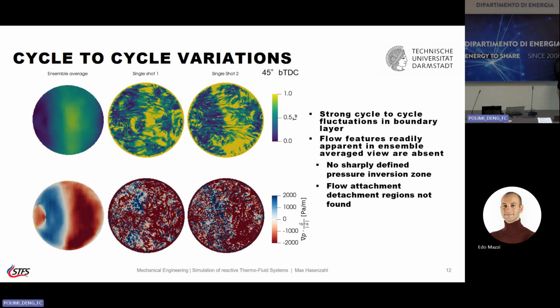And so the flow features we just looked at in an ensemble average view are not quite as apparent in the single shot. For example, here you see overall, yes, you have always favorable pressure gradients, but you also have very localized eddy structures that show an adverse pressure gradient, and this sharp inversion zone you can't really make out.